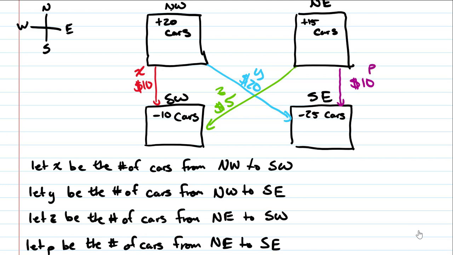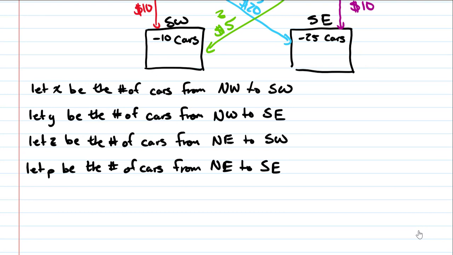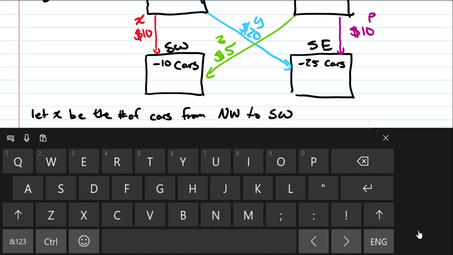Well, so then how many cars are going to be leaving northwest? x and y, right? So what does x plus y have to equal? So x plus y has to equal the number of surplus cars, which is 20. All right, doing something similar for northeast, what's going on up there?